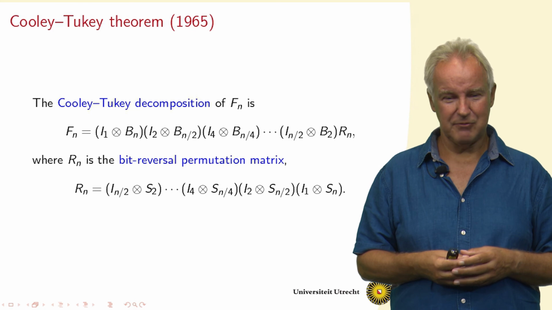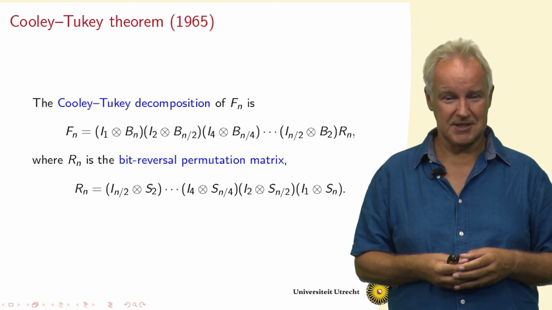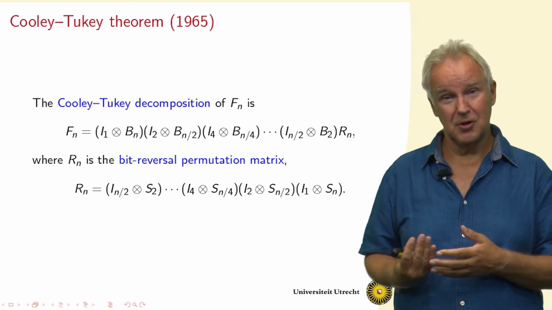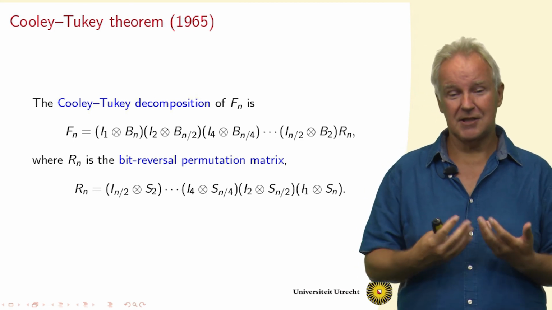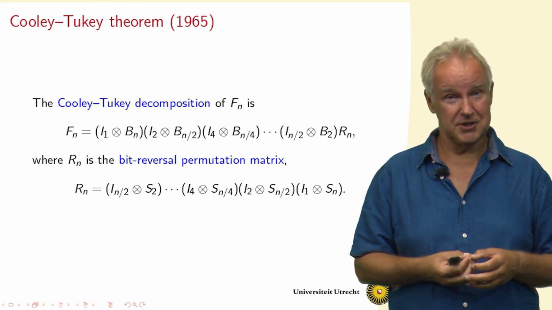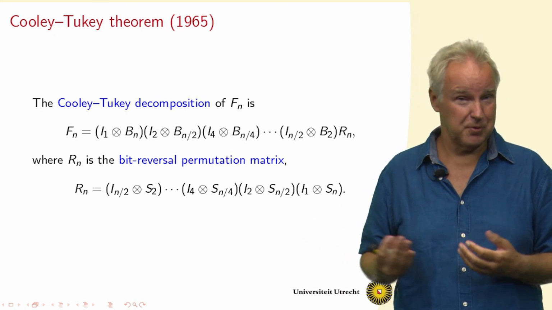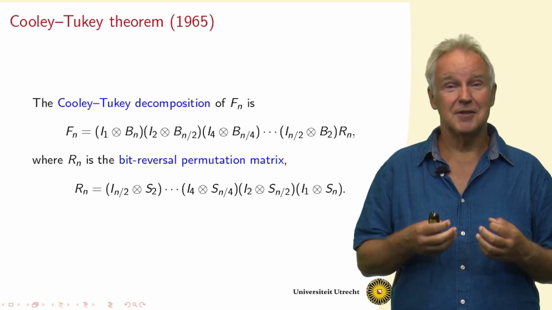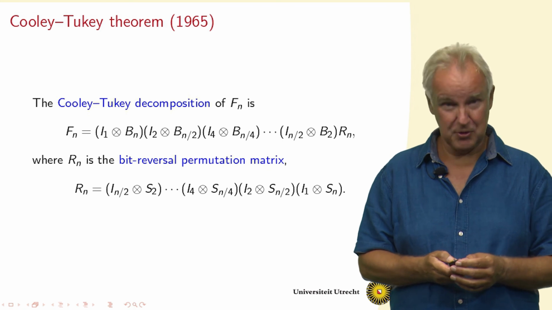You see we have from the right I1 times Sn, and then I2 times Sn over 2, all the sorting. And that goes into a matrix which we call Rn. It is a permutation matrix because it's the product of permutation matrices. And it is called, for some reason, the bit reversal permutation matrix.